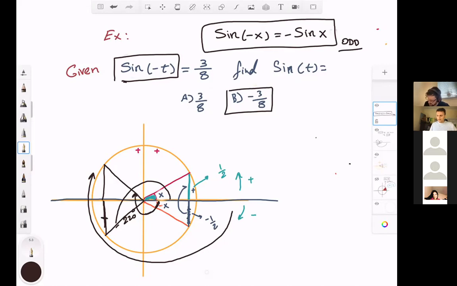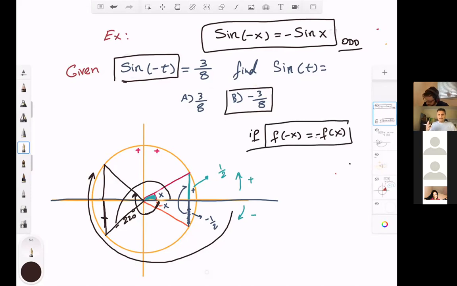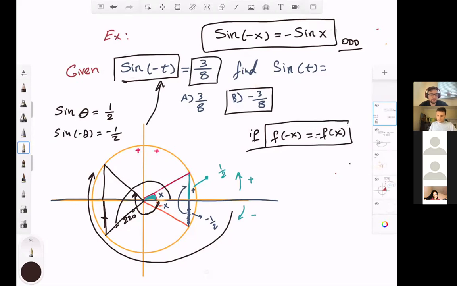We said a function is odd if f of negative x equal to negative f of x. Good. If it's like this, that means it's odd. In the last two examples, we see that sine of theta was 1/2, then sine of negative theta becomes negative 1/2. Also in this example, sine of negative t equal to 3/8, sine of t will be negative 3/8.